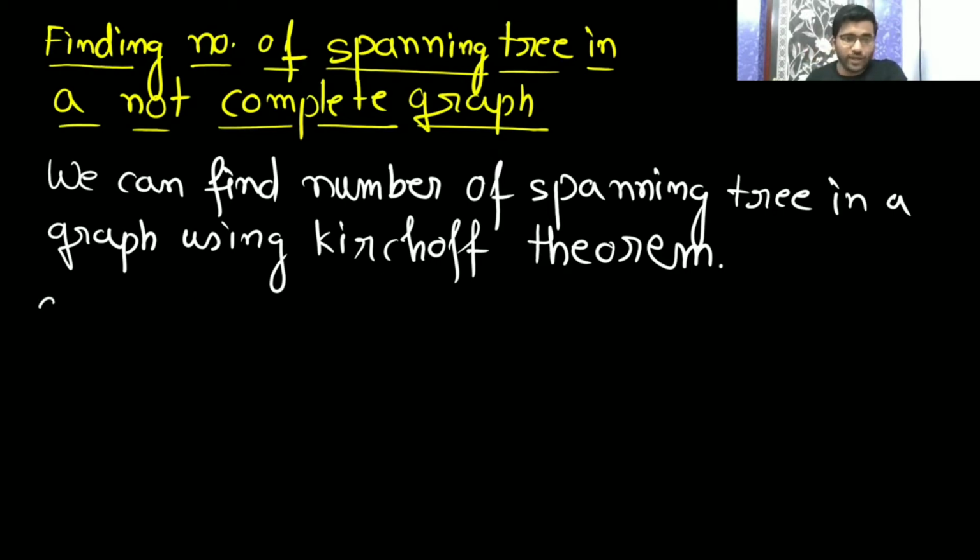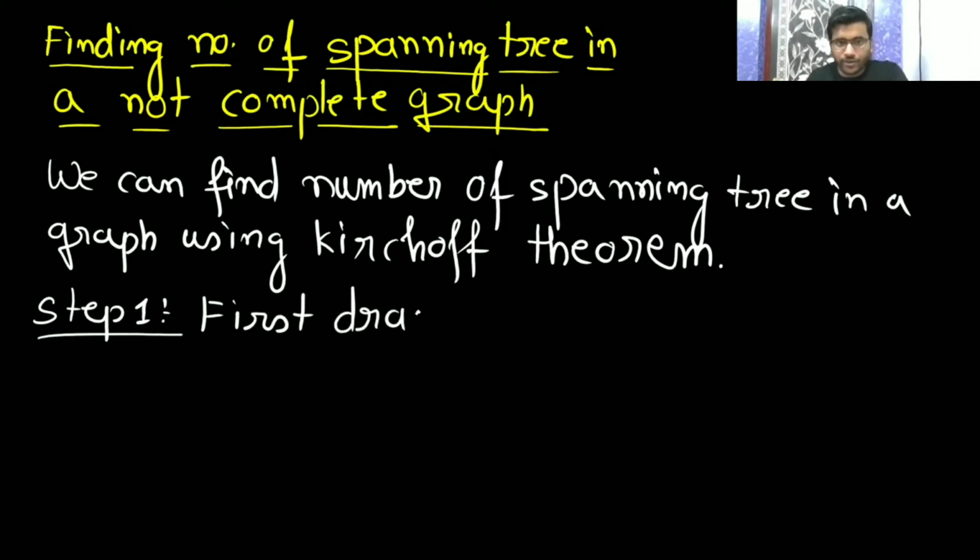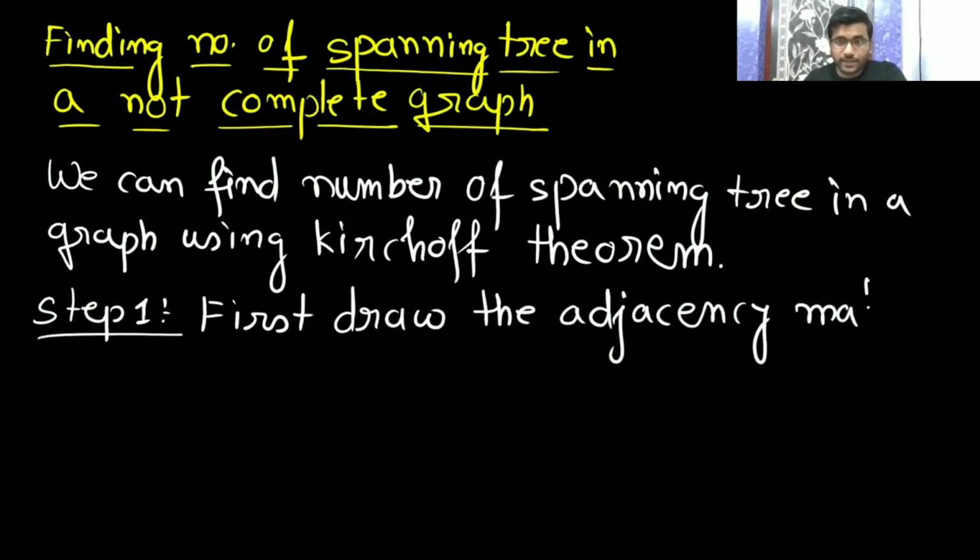So step one is saying that first draw the adjacency matrix. In this way only, we are going to use these steps, and always we are going to get the number of spanning trees.